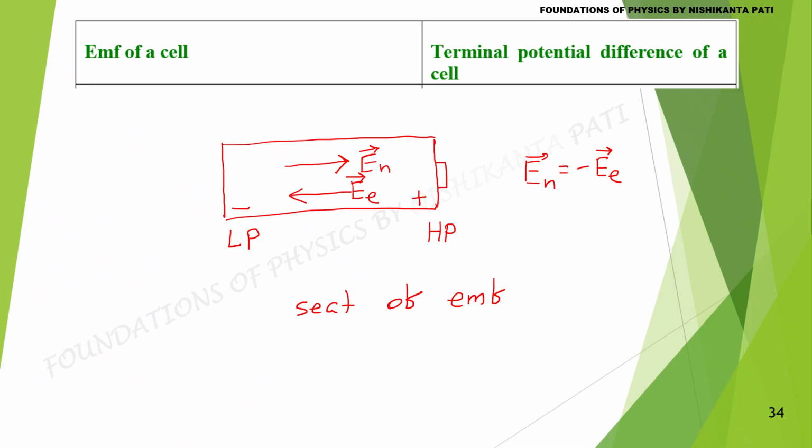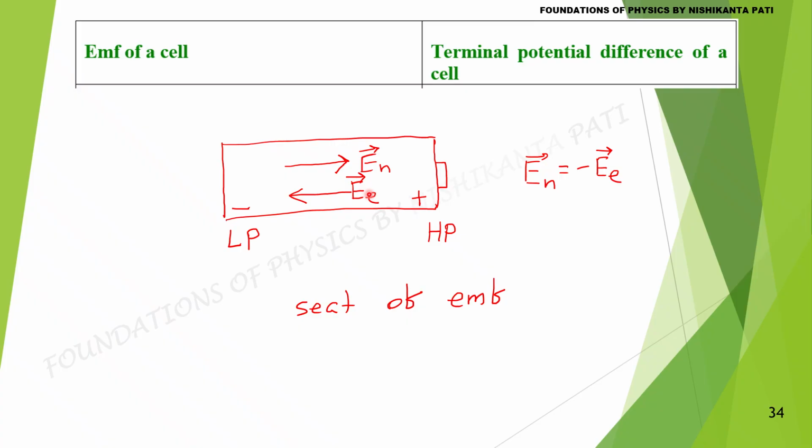If we imagine a positive test charge moves this way, the work done by the electrostatic field is positive. The work done by the non-electrostatic field is negative. If a positive charge moves this way, the work done by the non-electrostatic field is positive.